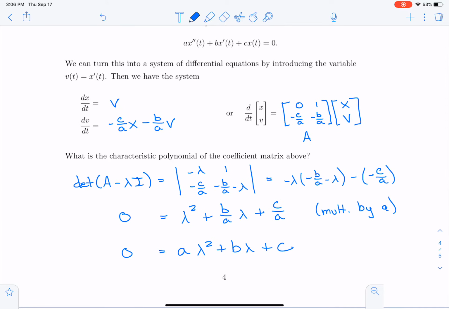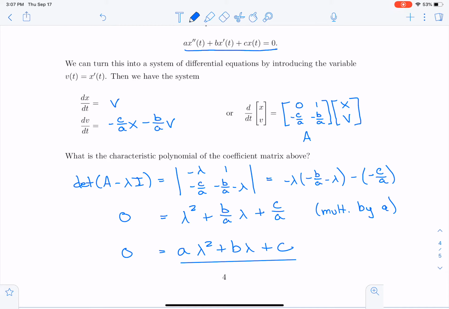But if you look back at my second order differential equation, if I approached solving that equation using the methods we had learned before, say guessing a solution of the form e to the lambda t, then the resulting characteristic polynomial was in fact A lambda squared plus B lambda plus C. And so I used the term characteristic polynomial corresponding to the second order differential equation.